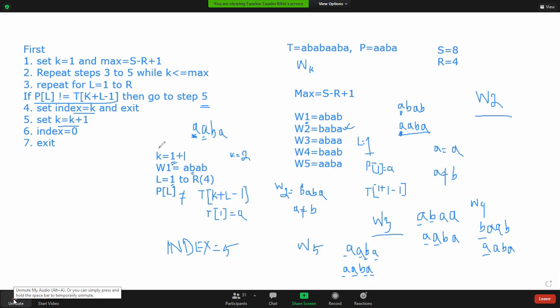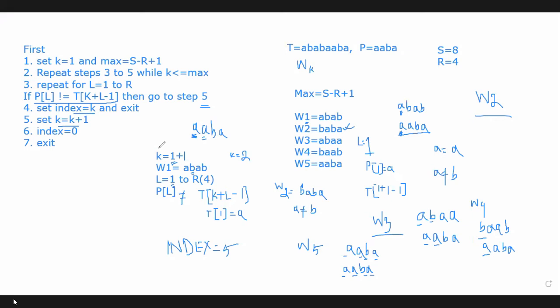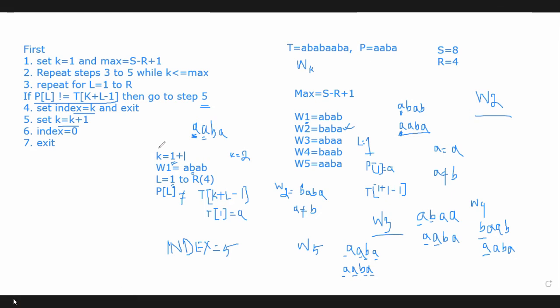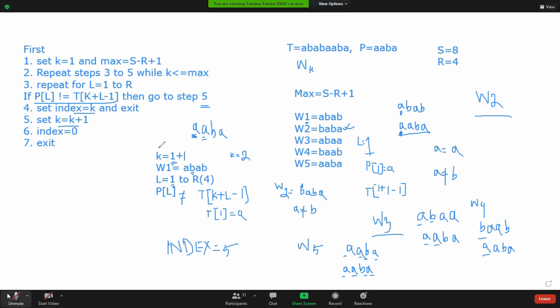For calculating time complexity, we need to know how many operations the algorithm needs to perform. And another thing is we have to know the input size. So from this first pattern matching algorithm, how can we calculate the time complexity?